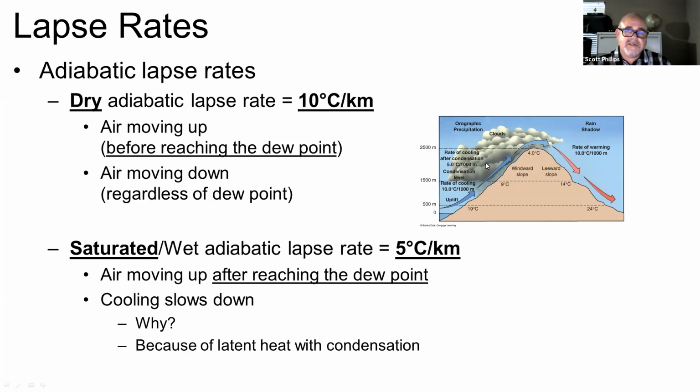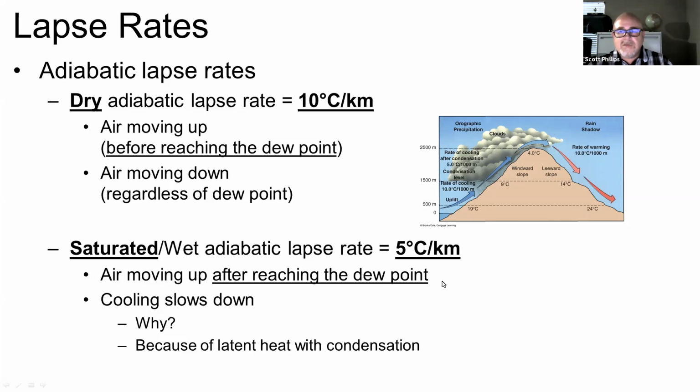I think in the book it says 6. I'm going to say 5. It's somewhere in between. It's about half of the dry rate. So that's called the saturated, or sometimes the wet rate, of 5 degrees per kilometer, or per 1,000 meters.